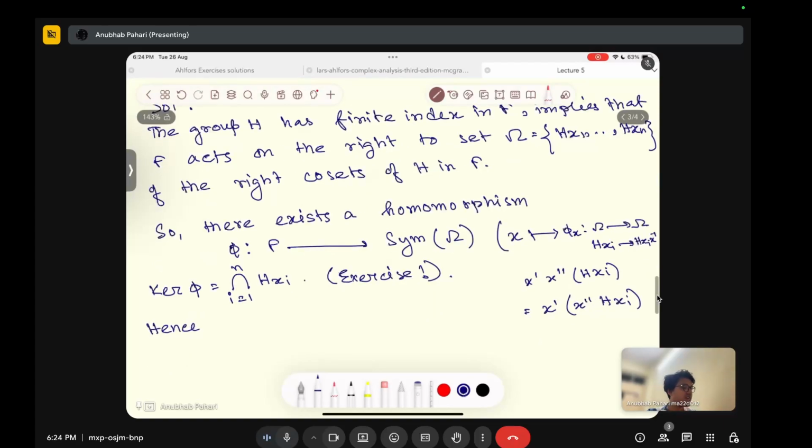If you check this, then you will see that the map should be Hxi goes to Hxi x inverse, or another way you can write it as Hx xi, whatever suits better.